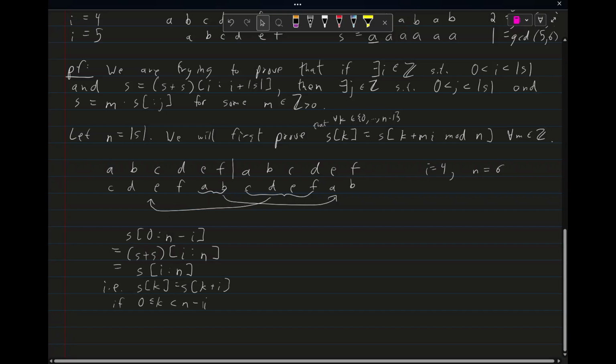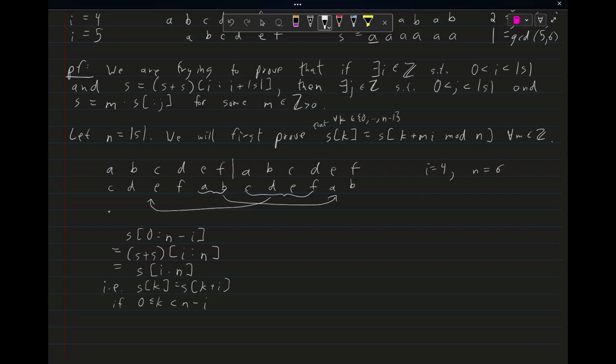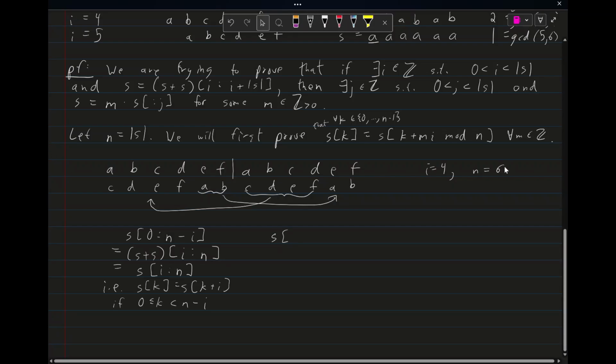Okay, so now let's look at C, D, E, F here. What we have is S, and we have indices. C is index 3, so that's going to be 6 minus 4 plus 1. No, it's index 0, 1, 2.